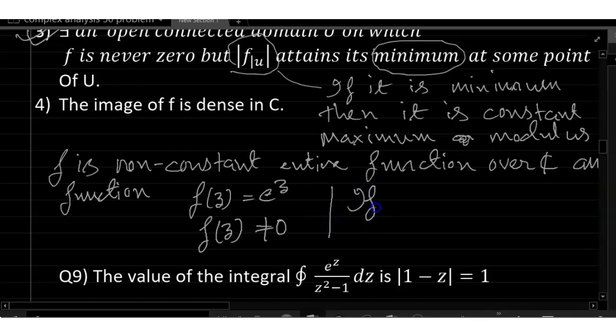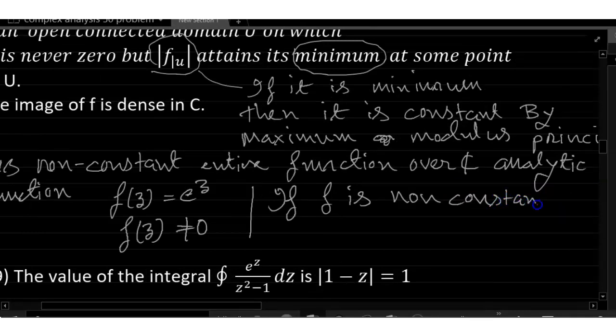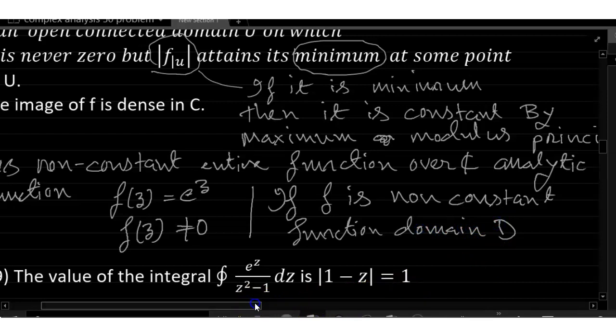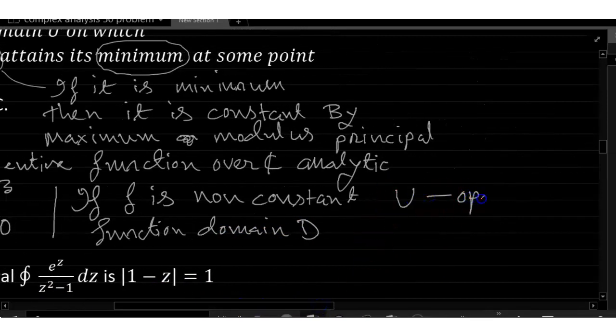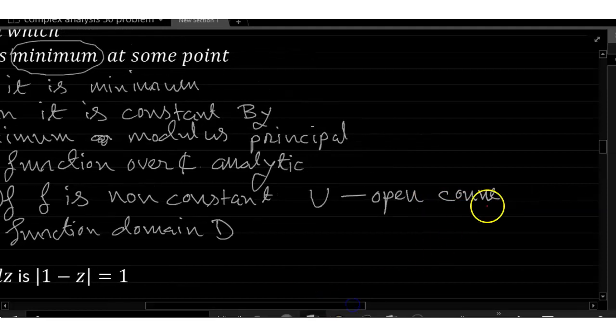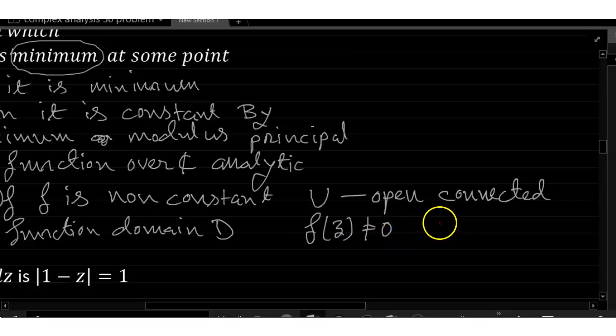If f is a non-constant analytic function on a domain D, then U is open and connected, and f(z) is not 0 for all z belonging to U.